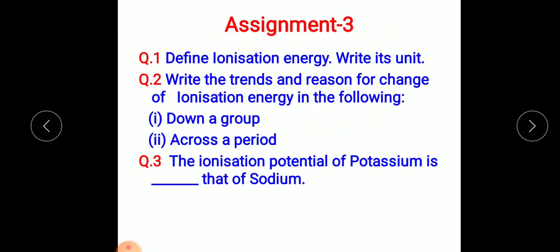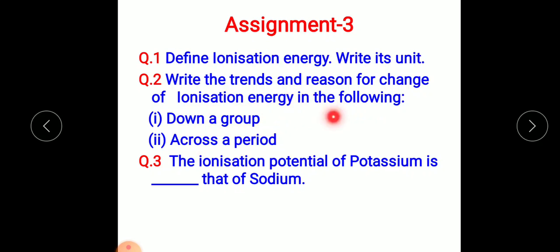Now, based on today's class, you have got assignment number 3. Question 1: define ionization energy and write its unit. Question 2: write the trends and reasons for the change of ionization energy in the following: down a group, across a period.